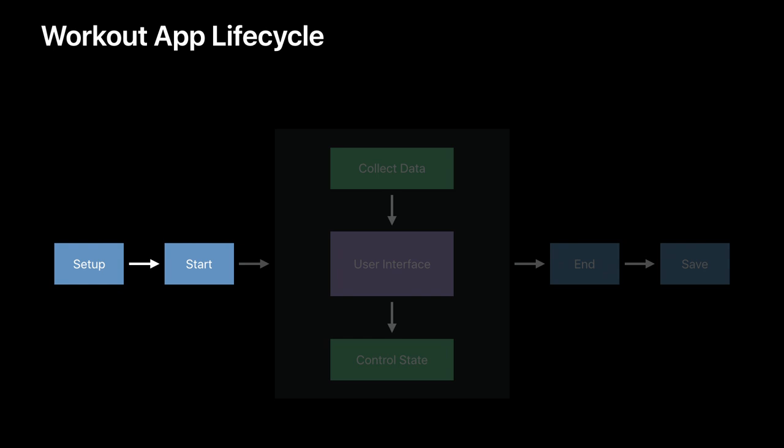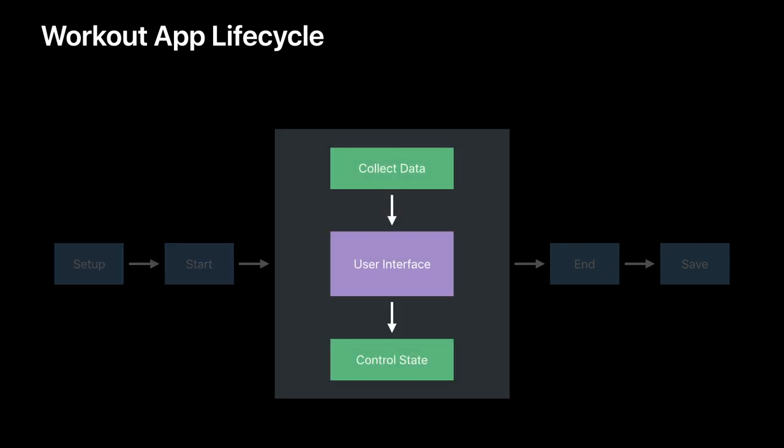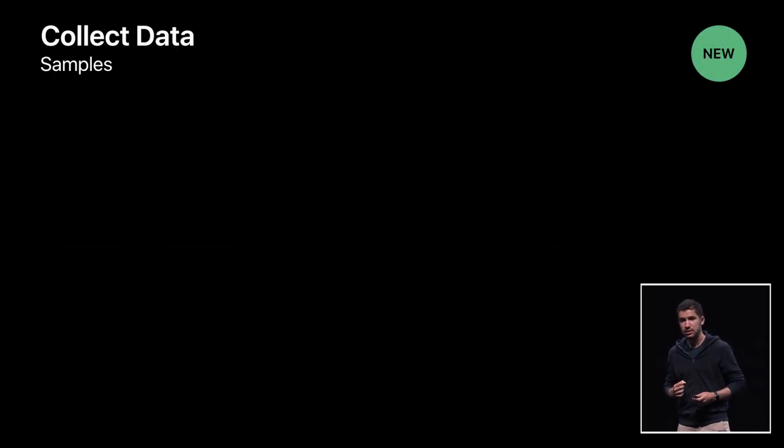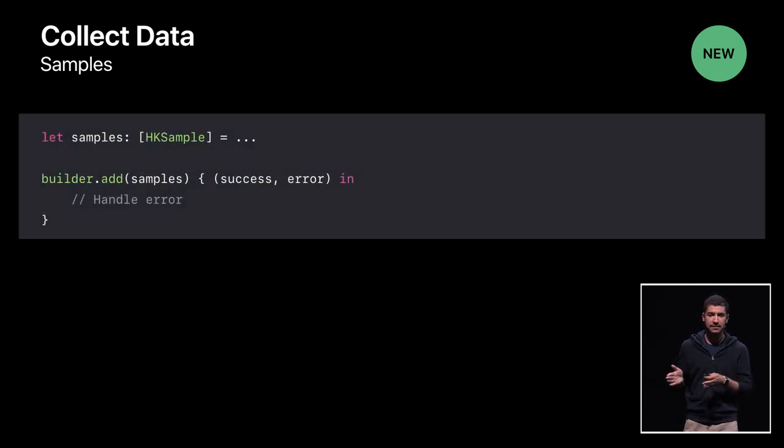Now let's see how we can collect data displayed directly in our user interface and be able to control the state of the workout when the user requests it. So to collect data, if we want to add samples that are relevant to the workout, like calories or distance or heart rate, we can do that using a very simple call, builder.add, and give it an array of HK samples.